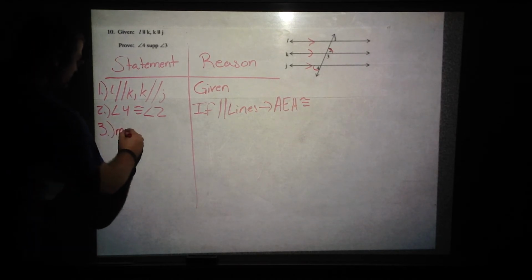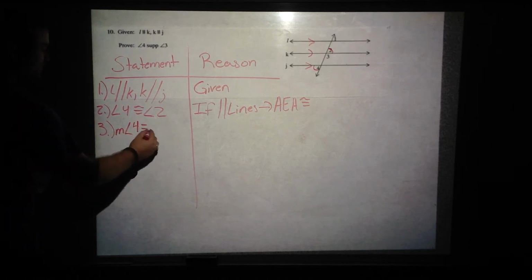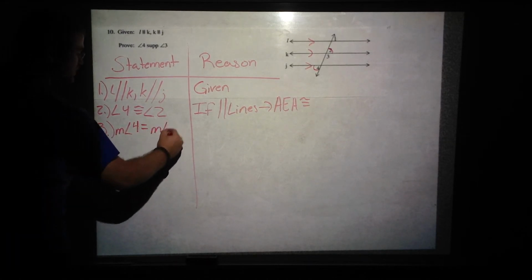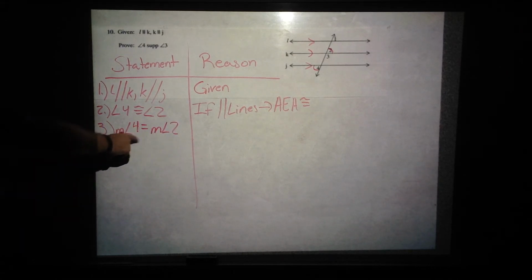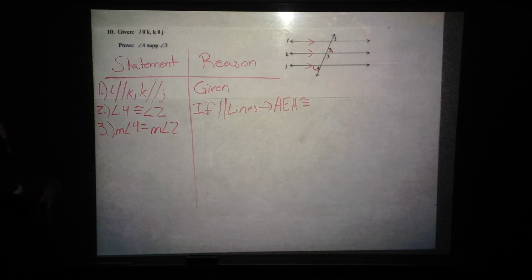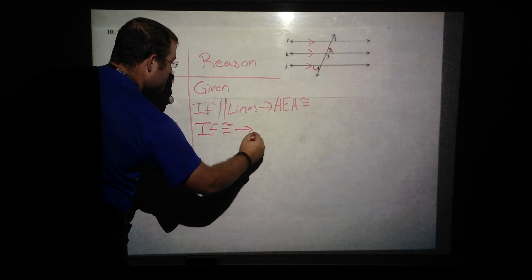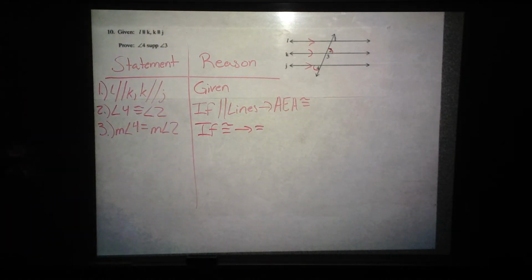So we need to change our previous statement so that we have the measure of angle 4 is now equal to the measure of angle 2. We only use the congruent sign when we're talking about the picture. Anytime we're using an equation, we need to use the equals. So if we look at our list, we have if congruent, then equals.